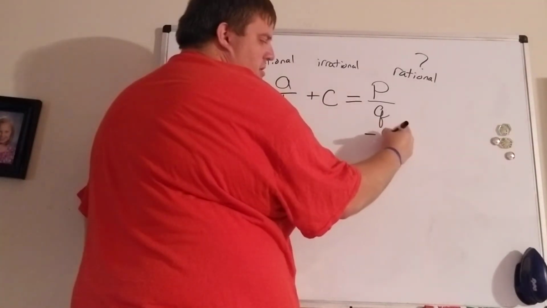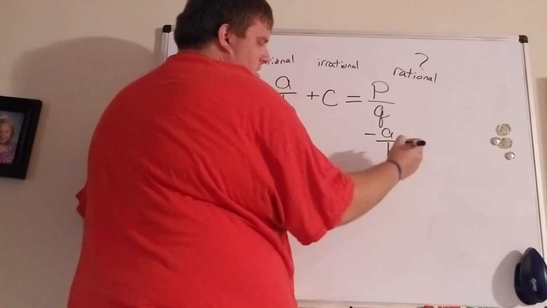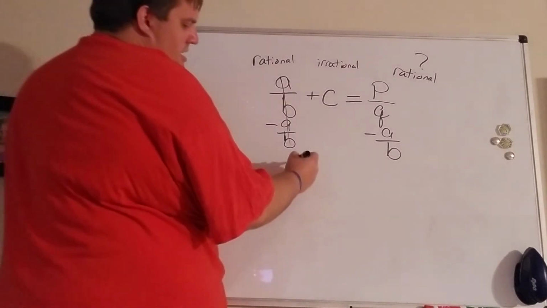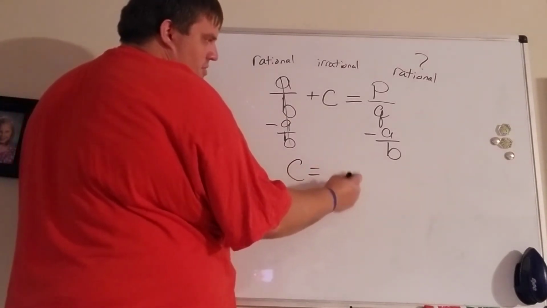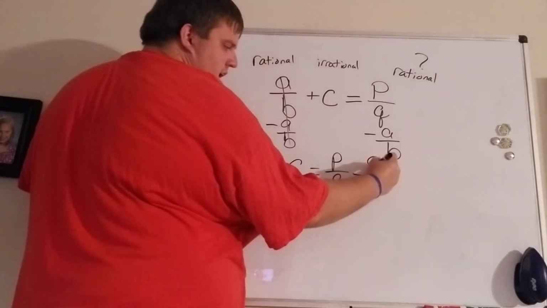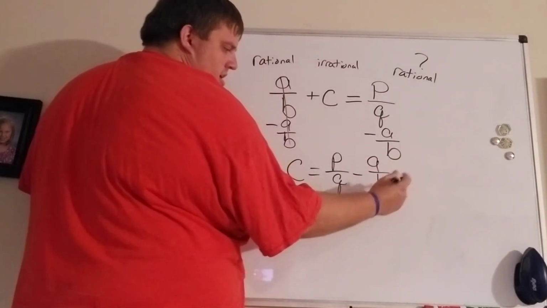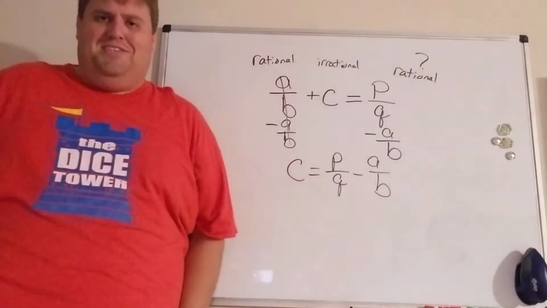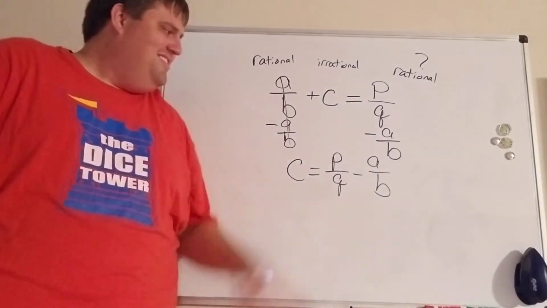That's just some number, right? So that gives me C equals P over Q minus a over b. Don't get my a confused. Sometimes I make the little stem a little too long. It looks confusing. a over b.